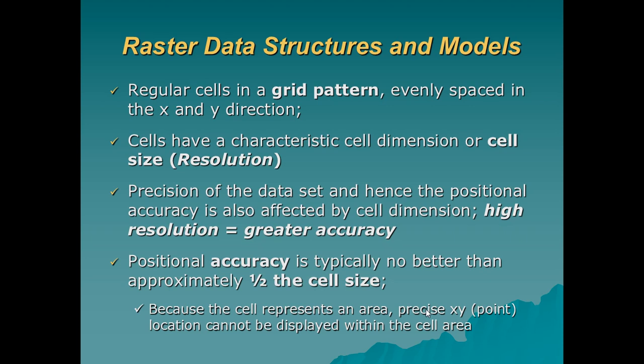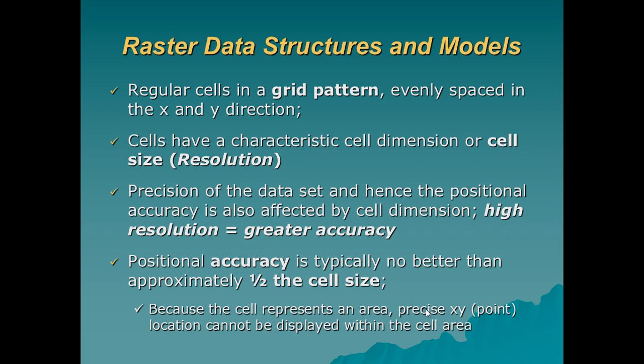So positional accuracy, you need to remember this one as well. Positional accuracy is typically no better than approximately half the size of the cell. Because remember, a point feature, for example, can fall anywhere within that cell size. So the larger the cell is, the greater your risk of error. The smaller it is, the less your risk of error.